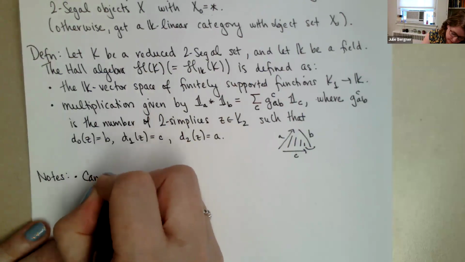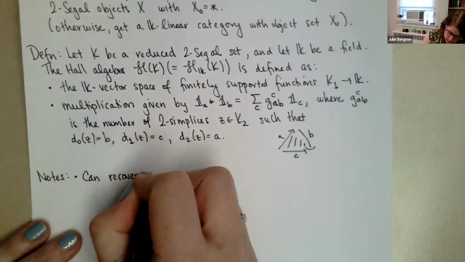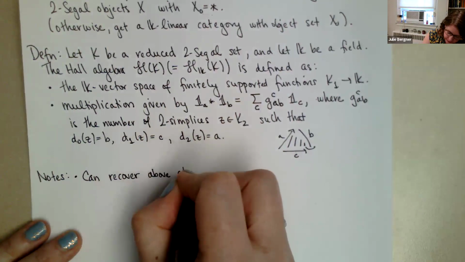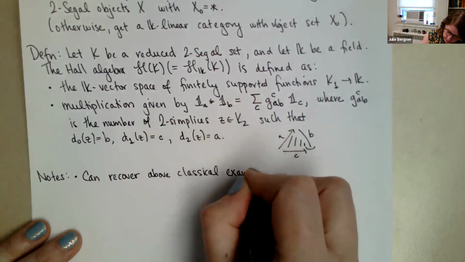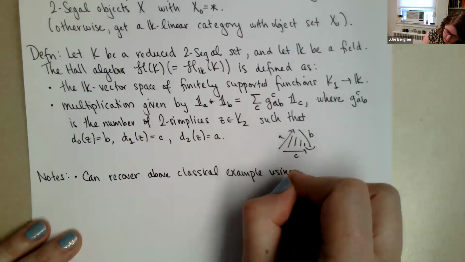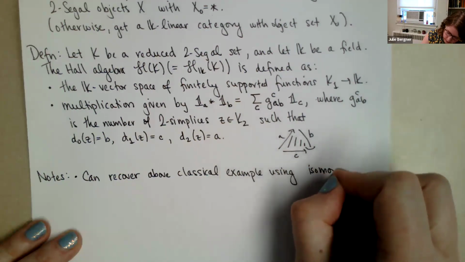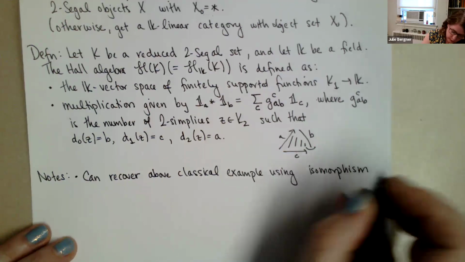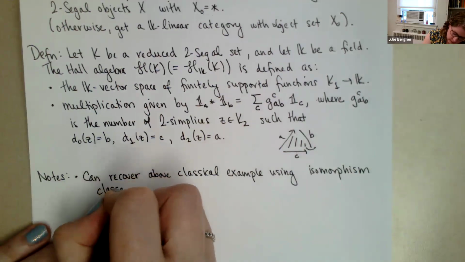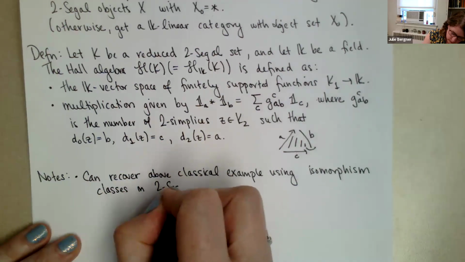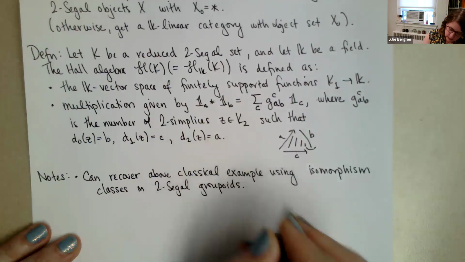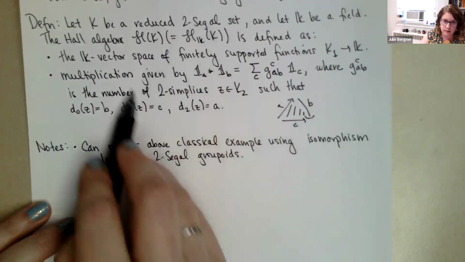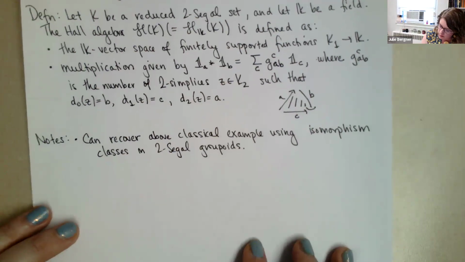So we can recover the above classical example using isomorphism classes in 2-Segal groupoids. So you just apply the isomorphism classes, and you get a context that looks more like this.